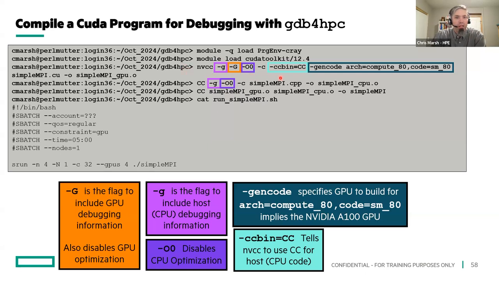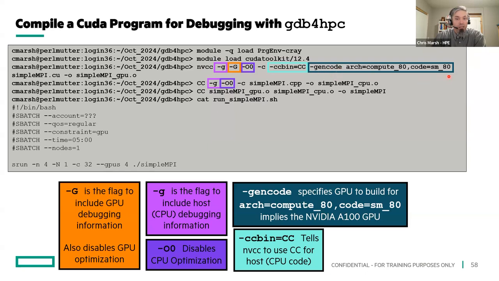Again, NVCC, when it runs, sometimes needs to do some regular C and C++ compiling, so we provide this CC bin. Basically, what is the compiler binary? In that case, we want to use the Cray compiler driver, which again points to any of the compilers based on the modules. Then NVCC needs to be told which GPU architecture to build for.